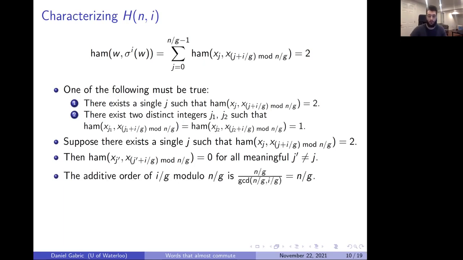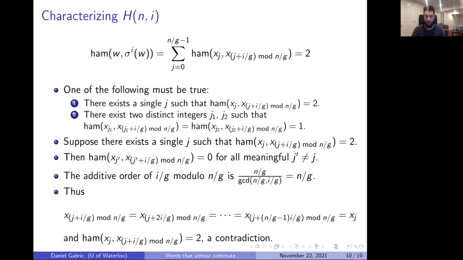We also know that the additive order of i/g modulo n/g is just n/g. So if we start at some integer between 0 and n/g minus 1, and we keep adding i/g and we mod n/g every time, then we'll get back to the original integer after n/g steps.